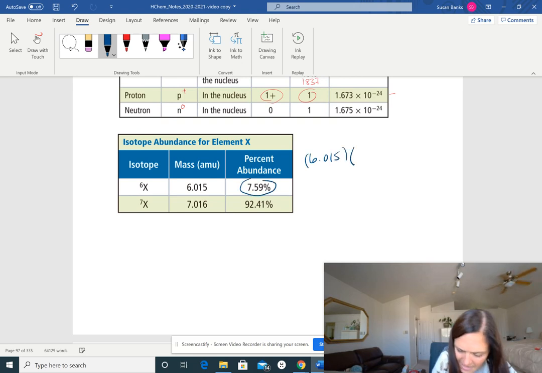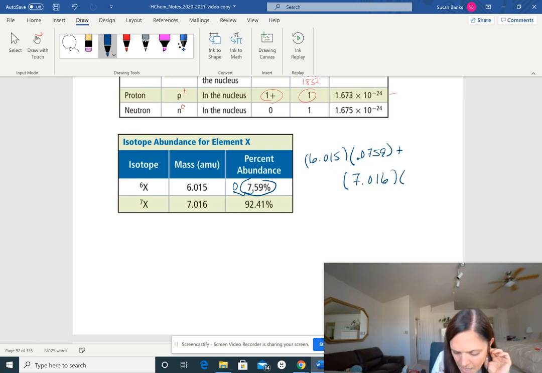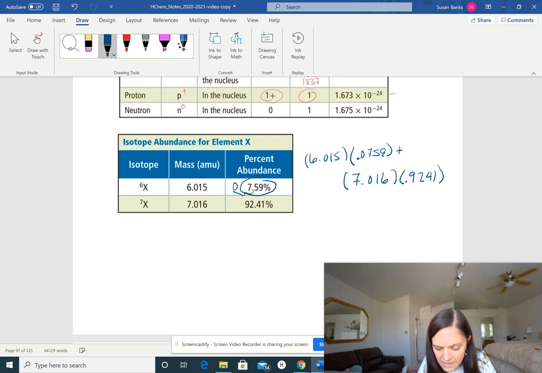Can I make that percentage a decimal? If I do, I move the decimal 2 places over, so 0.0759. And then I need to add it to the other mass of the other isotope and its relative abundance in decimal form. And I'm going to add those up.